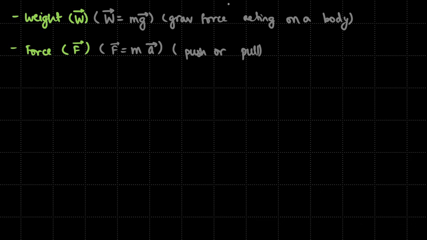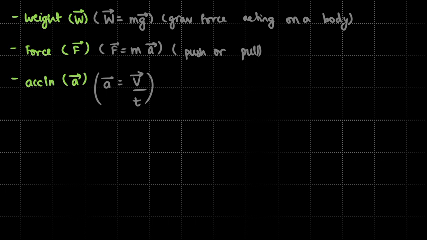We have acceleration. I don't think we talked about that. So acceleration is generally represented by vector a, and the formula of acceleration is velocity per time. And this is not speed, this is velocity.